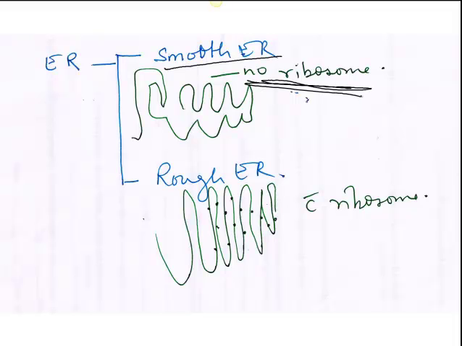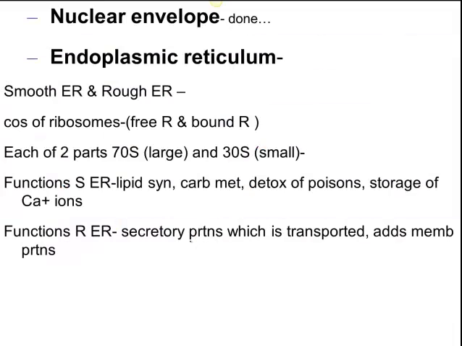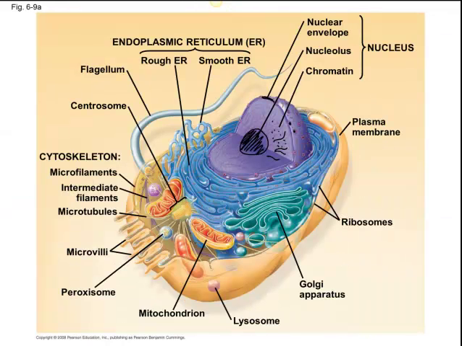And then the rough endoplasmic reticulum, which has ribosomes stuck on it, giving it a grainy appearance. So if I go back to this particular structure here, the endoplasmic reticulum here, all of these are the rough ER, and these are the smooth ER.